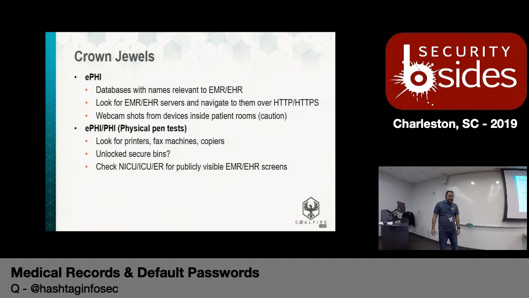My favorite is at the charge nurse's station, you can find these monitors or computers that give her or him or them the view of all of the rooms, all the patients, what their blood pressure is like, what their name is, what their patient record ID is. All that stuff oftentimes is publicly visible. So there is your PHI, there is your breach. Okay. All right, 4 minutes left.